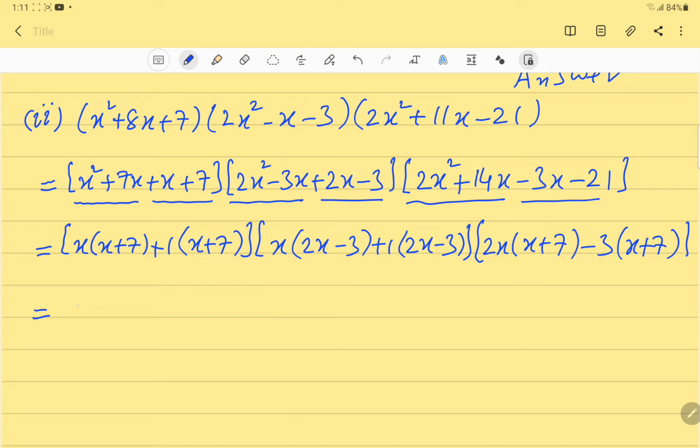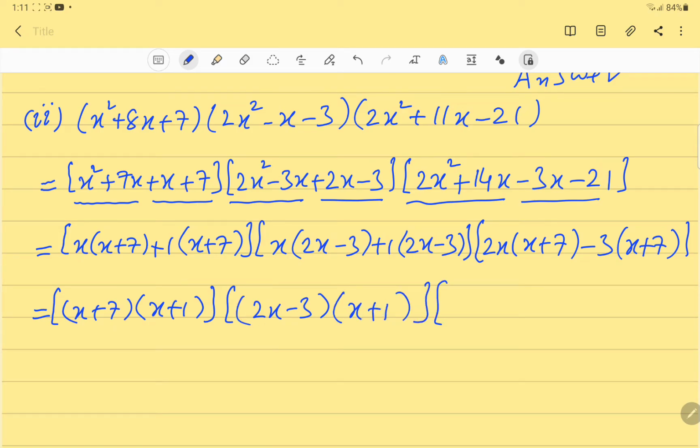In the first bracket we have x plus 7 common, and we are left with x plus 1. In the second one we have 2x minus 3 common, and then we are left with x plus 1. And then in the third one we have x plus 7 common, and we are left with 2x minus 3.